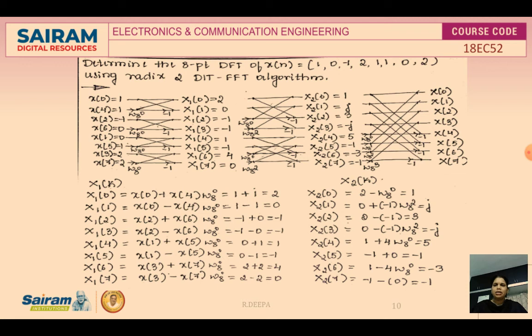And please remember, for this particular DIT FFT algorithm, the input is going to be written in bit reversed order and the output is going to be in the normal order, and all this complex value W8 is going to be positive, since it is finding the DFT for the given sequence. The W8 values are going to be positive for the entire computation.